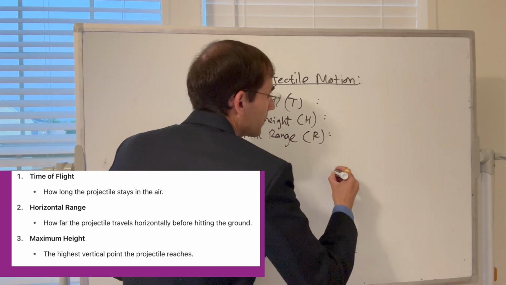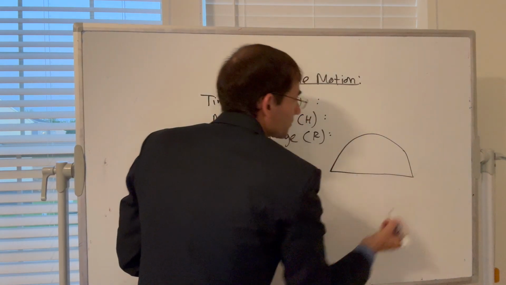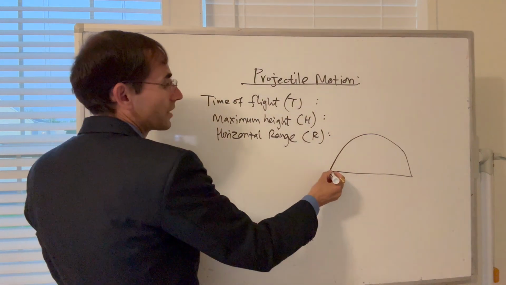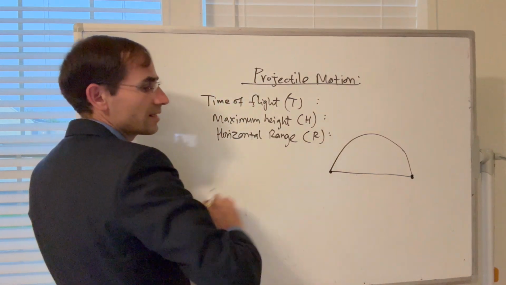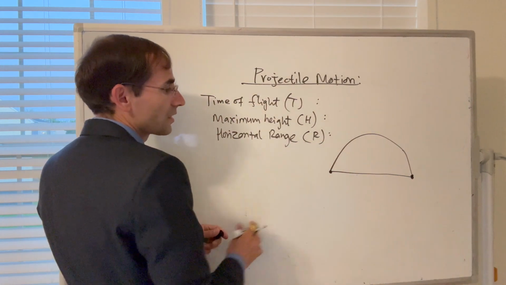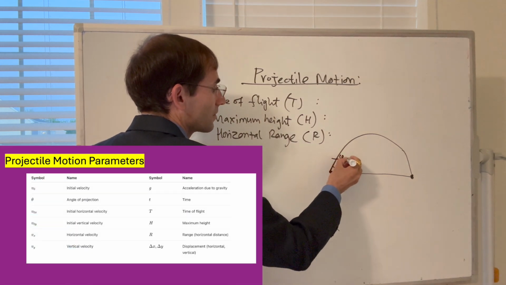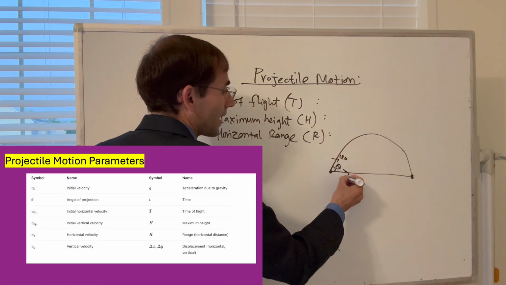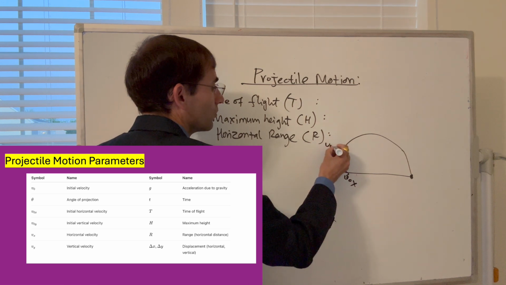You know the projectile motion has a parabolic path. If the projection point and the landing point are at the same level, symmetrical on a flat plane, with angle of projection theta and initial velocity v naught, this velocity has two components, vox and voy, which we discussed last time.